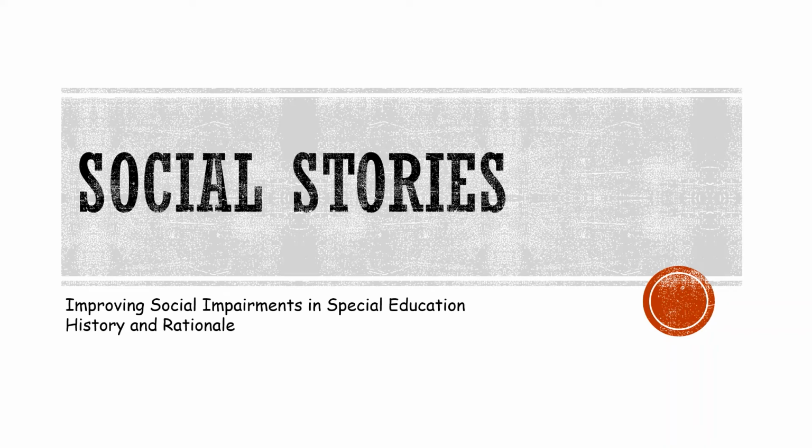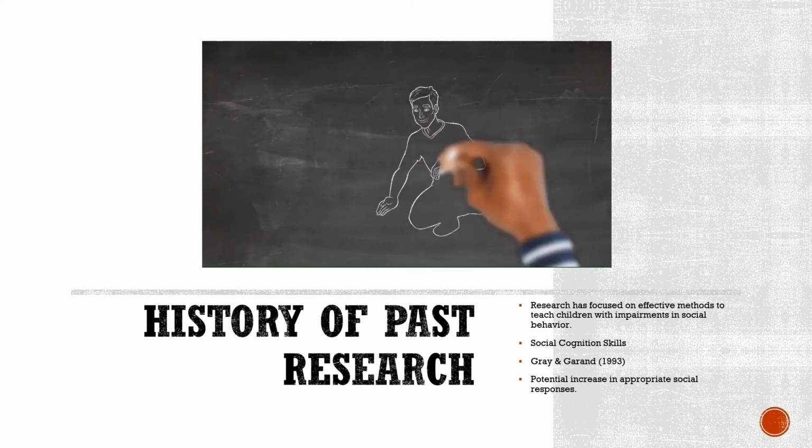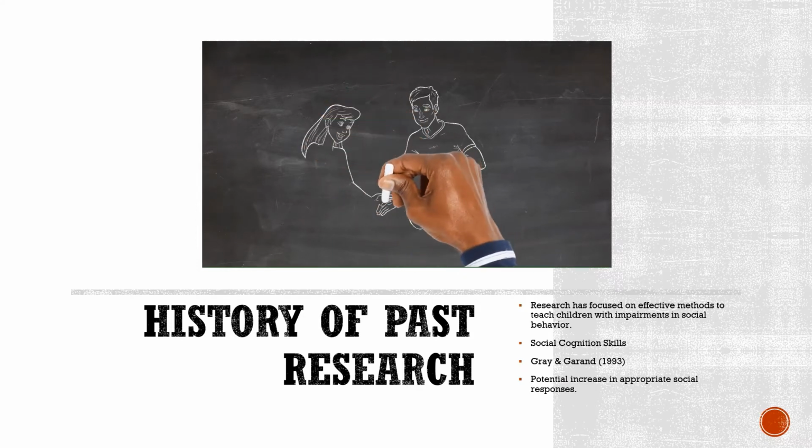In this video, we will discuss the history and rationale behind social stories and how it has been used to improve impairments in social behavior. Past research has shown that impairments in social behaviors are associated with students diagnosed with an autism spectrum disorder.